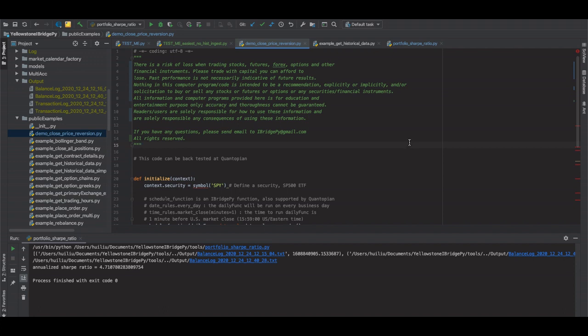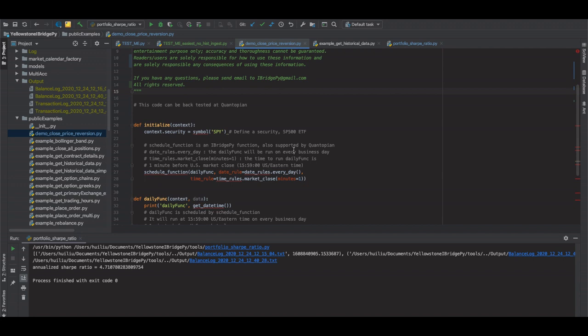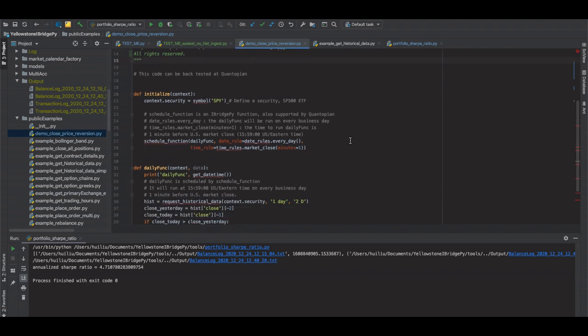So first, I would like to talk about the strategy we're going to backtest. This strategy is called close price reversion. And this strategy is very simple.